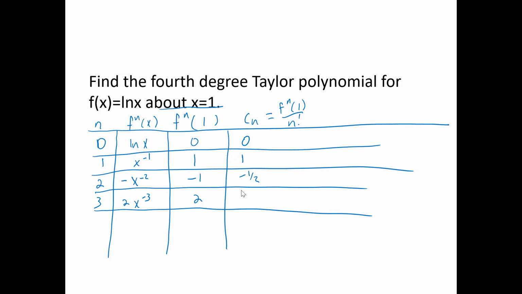And then 2 divided by 3 factorial is 1/3. When n is 4, and then you get -6 x to the -4.